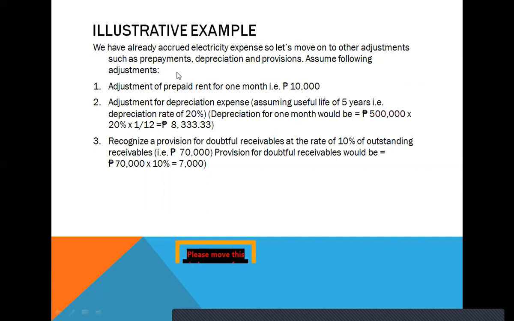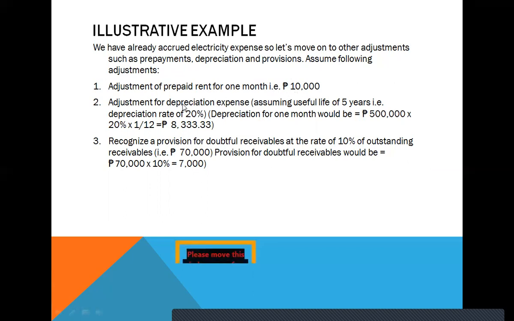Now assume the following adjustments. First, adjustment of prepaid rent for 1 month, 10,000 pesos, because if you can remember, on January 10 we paid 2 months rent worth 20,000 pesos. So at the end of January, now you adjust the rent.